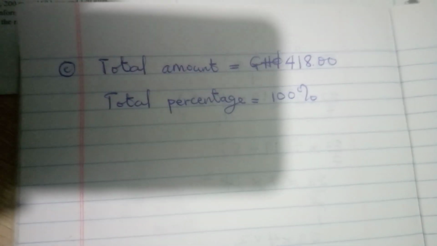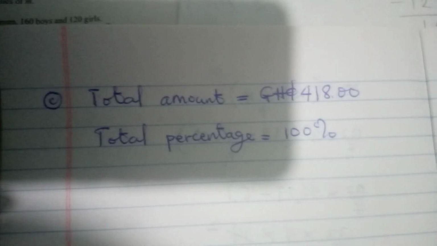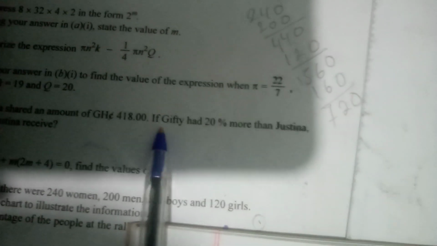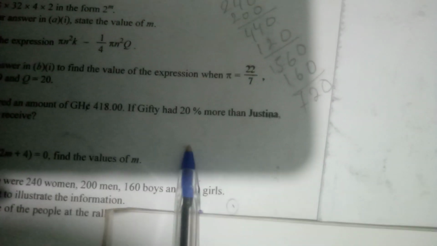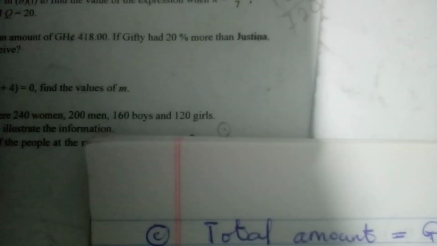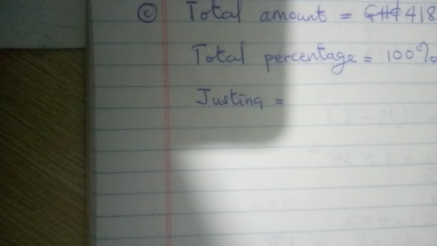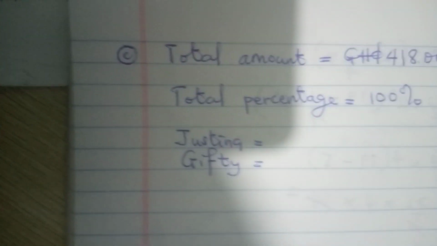So we are going to assume that the money shared is 100%. But when you come to the question, it says that if Gifty had 20% more than Justina, so that means we should know the amount Justina received in terms of percentage and the amount Gifty received in terms of percentage.